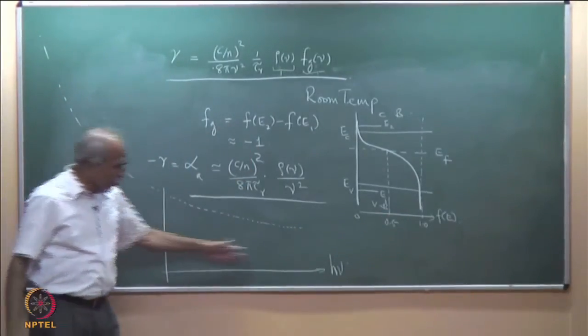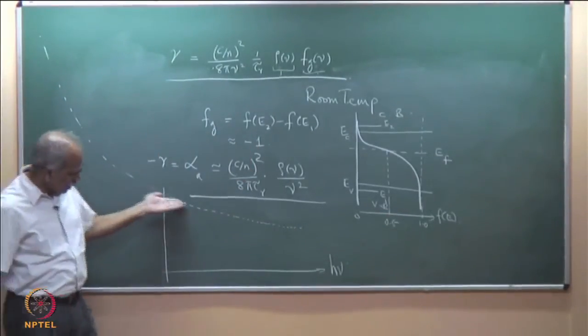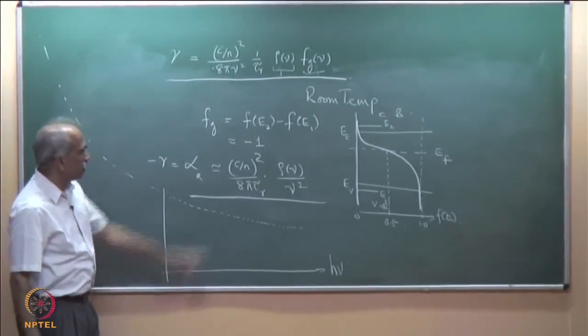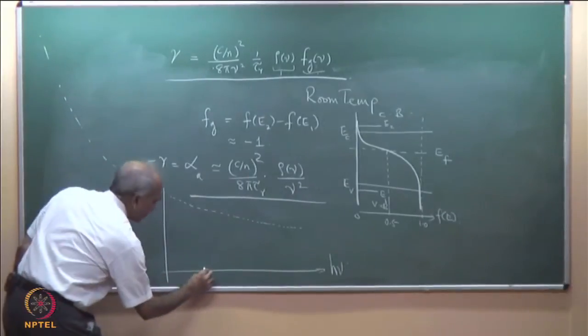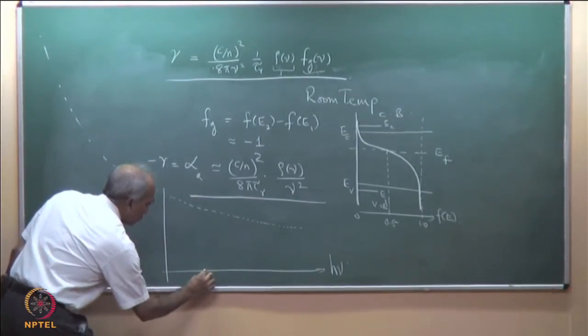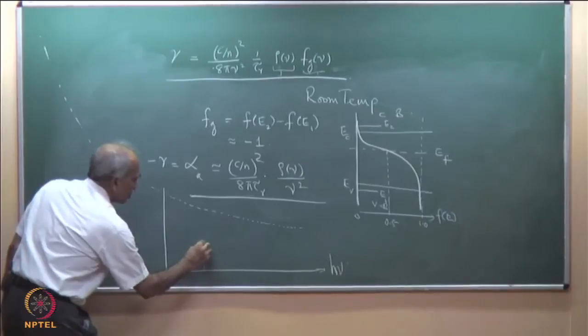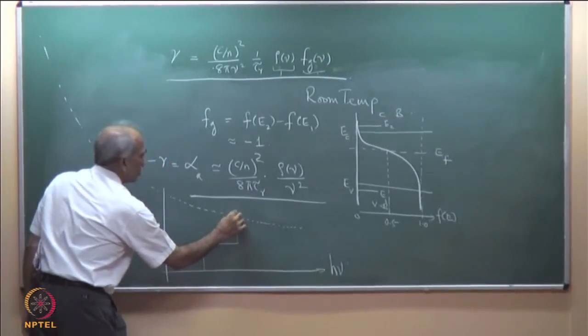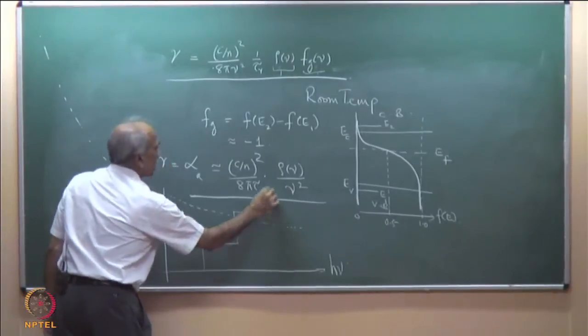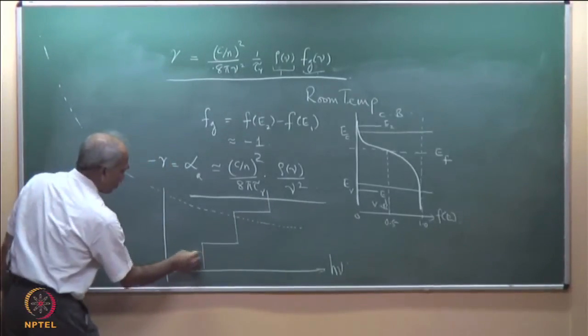So in our optical region, this is continuously dropping like this, 1 over nu square. What is rho nu doing? Rho nu is a step function. So rho nu is constant, it is a staircase like function. So this is rho of nu.